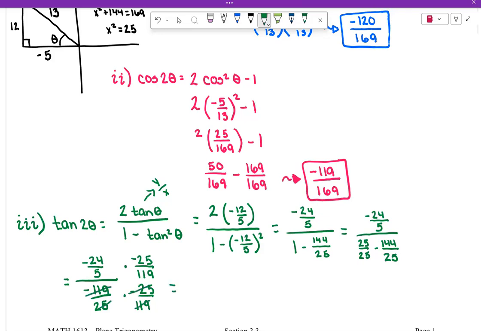And then we know that 5 will go into 25 5 times. So 24 times 5 is 120. And then that will be over 119.